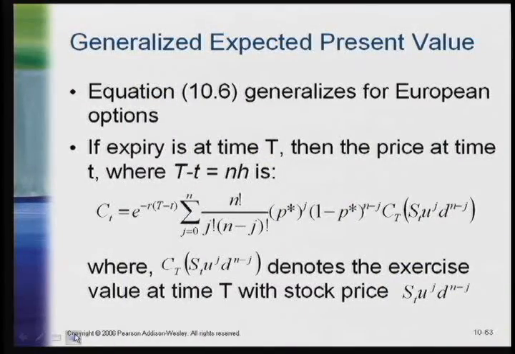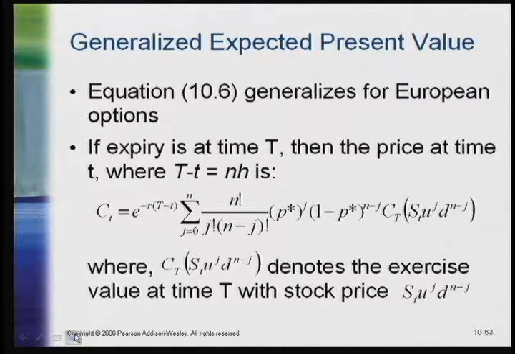The equation I generalized at the end of the prior module can be generalized further, and this is the formula here. It's not a formula in the chapter, but it's a useful one for pricing European options using n steps in the lattice.